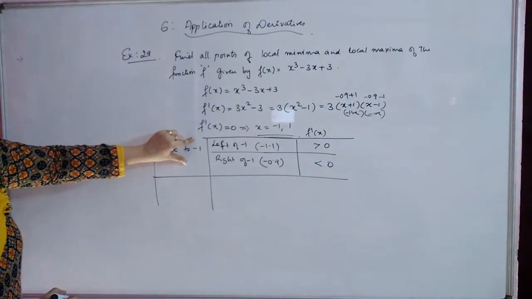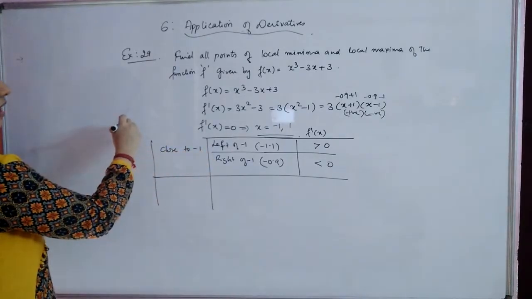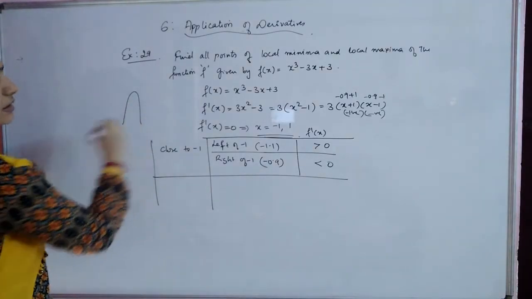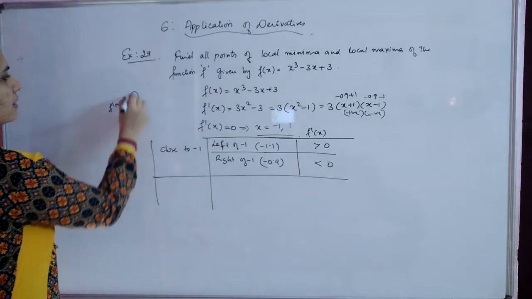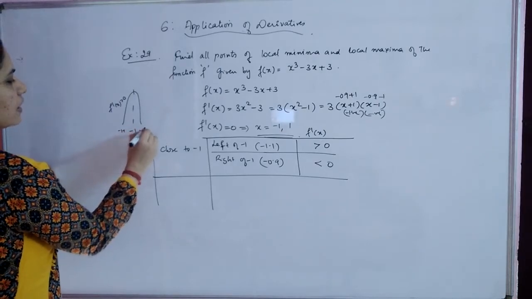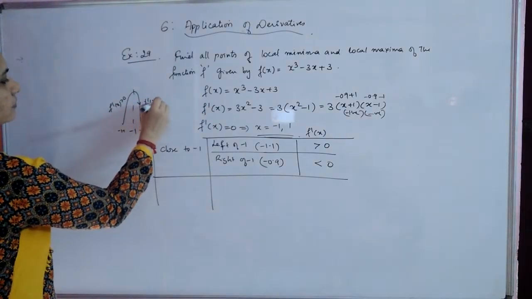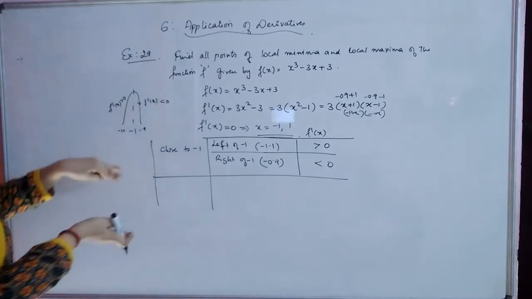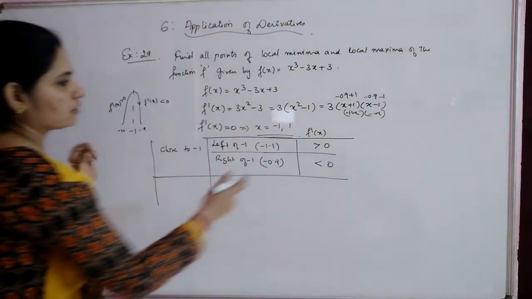So what we see is, this is left, this is right. From the left to the right, f dash of x is positive and then negative, going like this. So this is your minus 1, this is the left of minus 1, this is the right of minus 1. So you can say that at this point, left is increasing, right is decreasing, which means that point will give you a point of local maxima, okay.